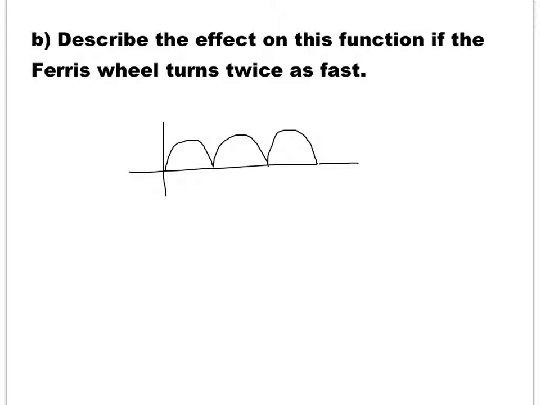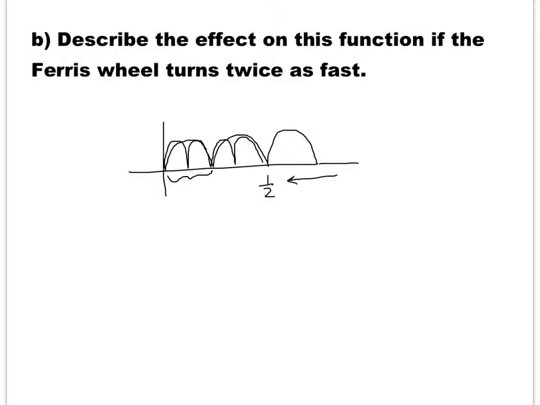So now in one period, which is here, we are going to have twice the graph, meaning that we are going to have two of these. Here we are going to have two of these. This means that the graph has been compressed horizontally by a factor of 1/2 now.